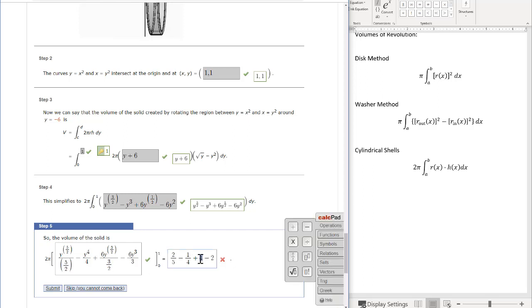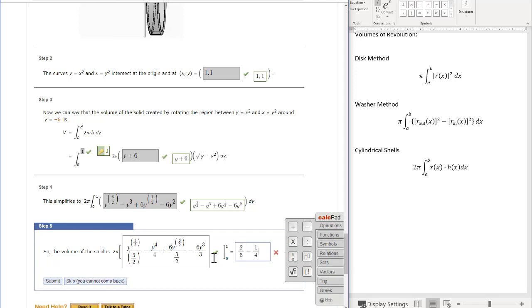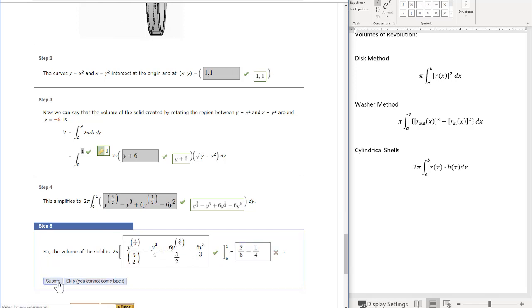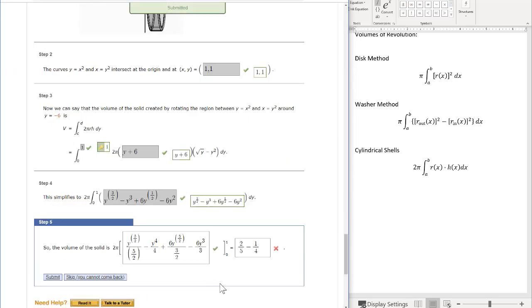Oh, so that's just a 2 in the numerator. And so this should have been a 2. And 2 minus 2 is 0, so let's go ahead and get rid of that. Let's try this to see if it would take the answer. Still not right.